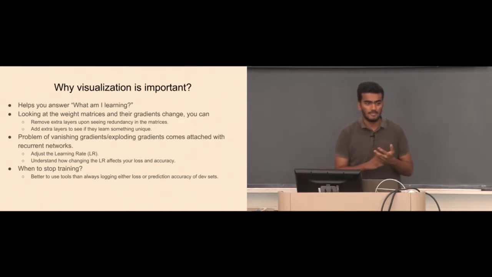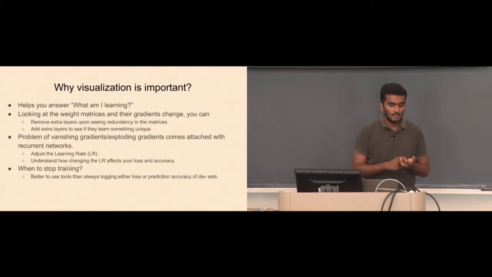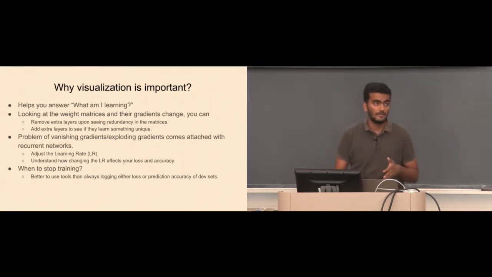It would be really beneficial to see how your train loss is decreasing, and at the same time how your validation loss is increasing or decreasing as well. You would want to stop your network training when you see that your validation loss increases after a particular epoch in training.